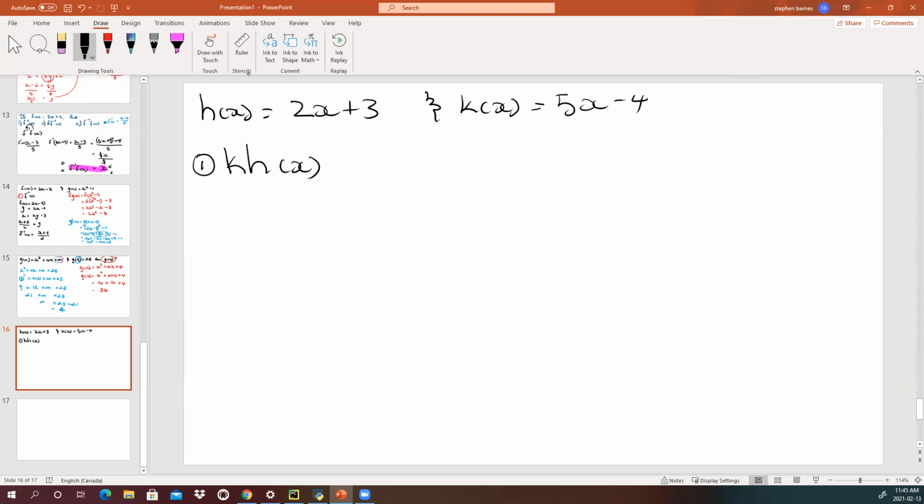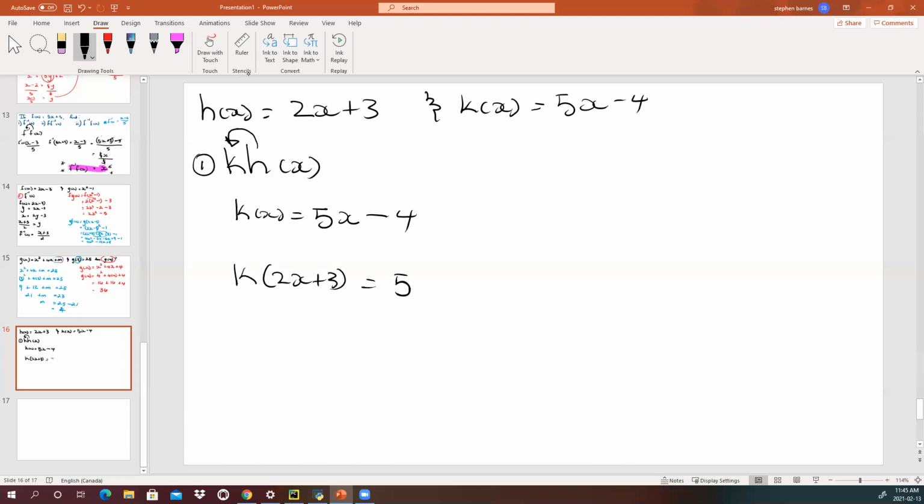All right, so again, you're putting H into K, right? So let's put down our K function first. Our K function is equal to 5x minus 4. And if you're putting H in it, that means H is going to take the place of any x. So instead of the x, you can put the H function, which is 2x plus 3.